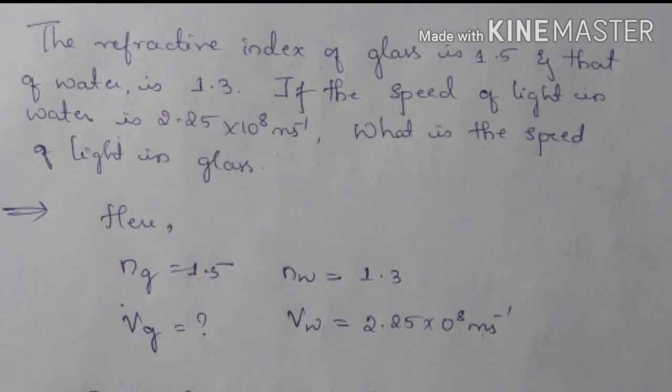Vg, the velocity of light in glass medium, we have to find, and Vw, the velocity of light in water medium, is 2.25 into 10 power 8 meters per second.